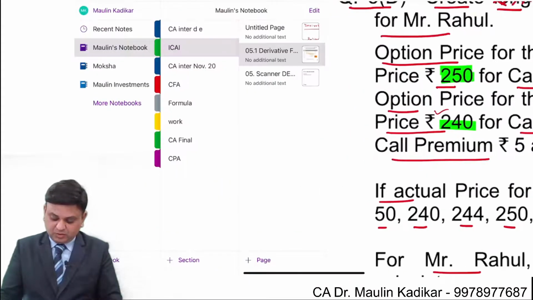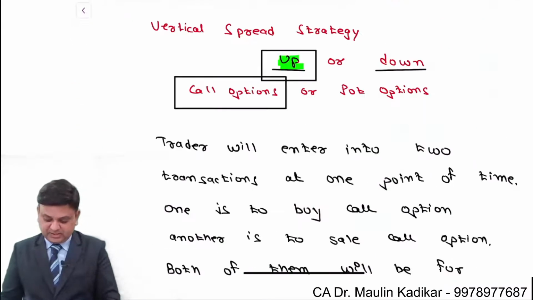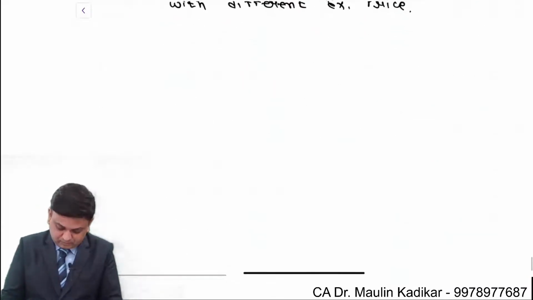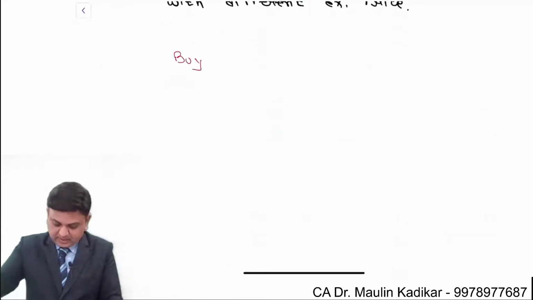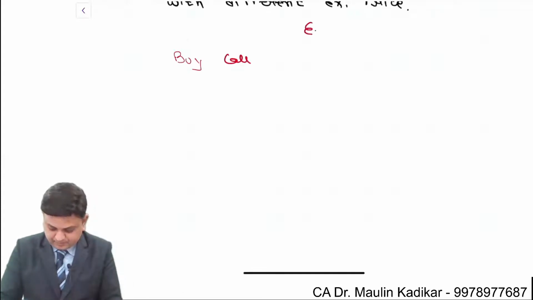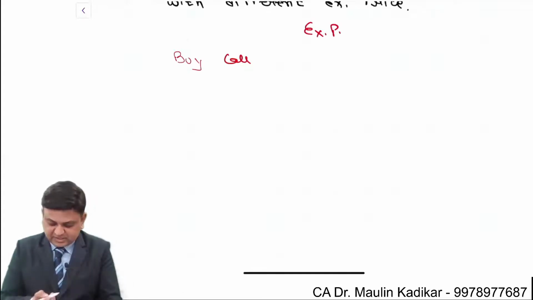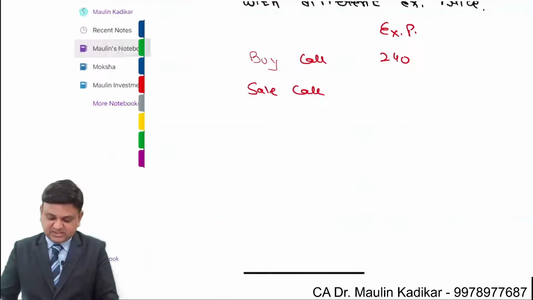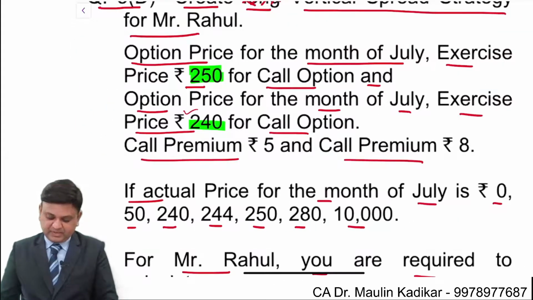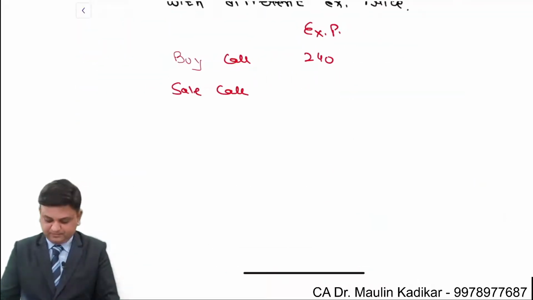So what you will do, you will enter into a transaction like this: buy call with exercise price of 240 and sell call with exercise price of 250.